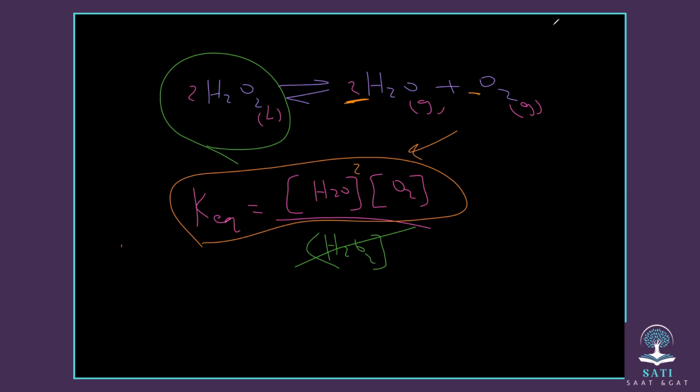So here we have A plus B gives me C plus D. This is a reversible reaction, and it is at equilibrium. What are the factors that can affect this state of equilibrium?